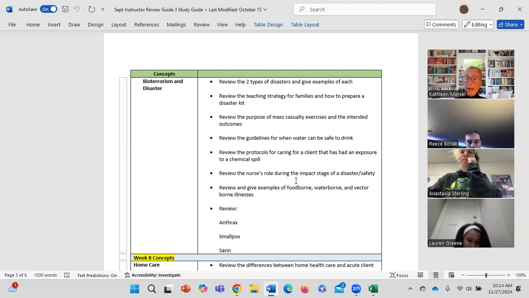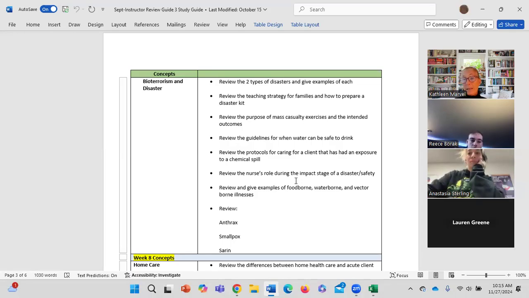Why do we think we do mass casualty exercises? What are the intended outcomes? You may participate in these in your workplace. What's a mass casualty exercise? When there's a bunch of hurt people and you have to triage them in specific order. Exactly. And the purpose is to be prepared for any kind of disaster.